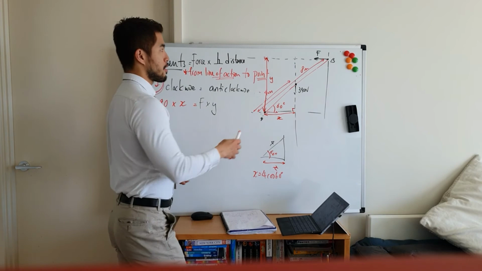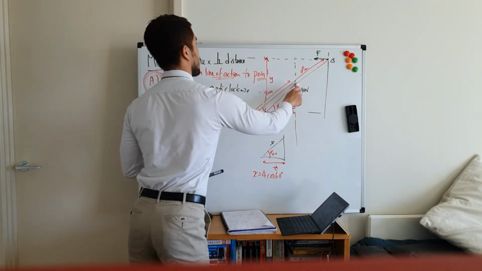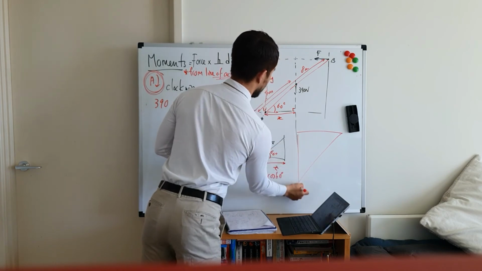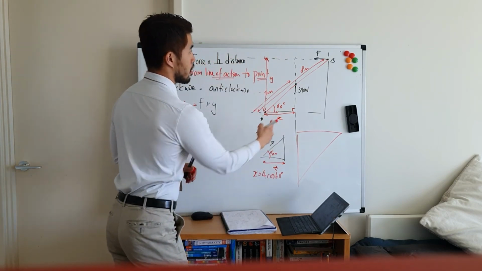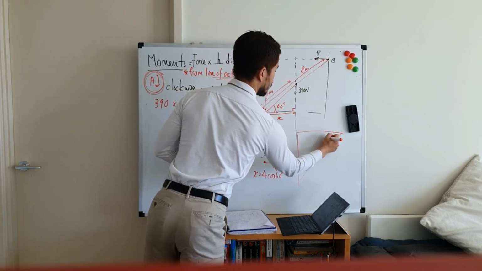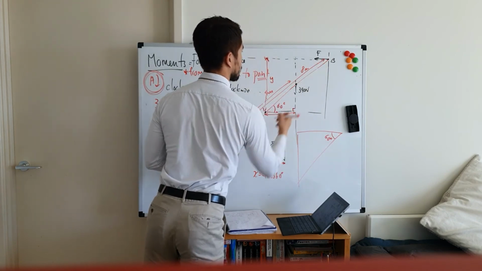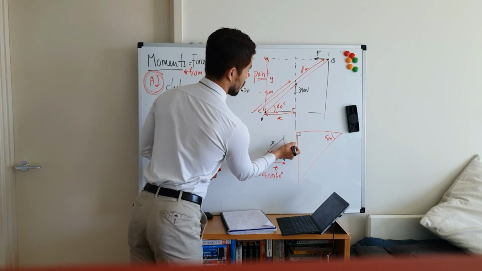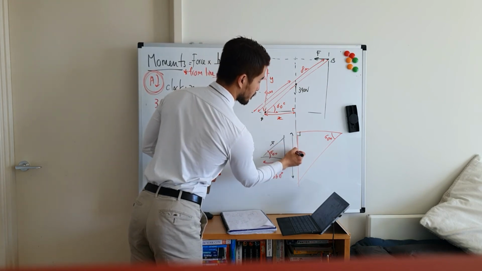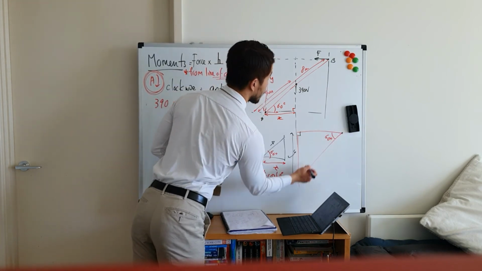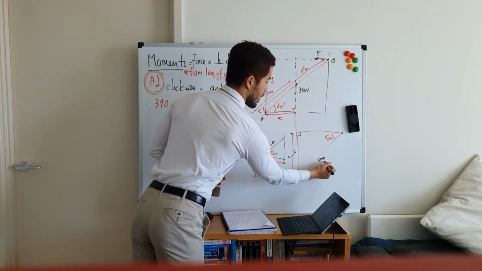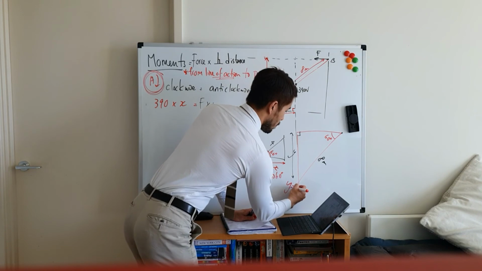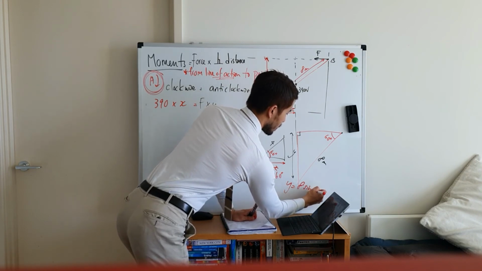Now I'm going to exaggerate this triangle in order for us to find Y. This triangle in here: if this is 60 degrees, this will be 60 degrees as well. This is Y, and this is the ladder. The length of the ladder is 8 meters. SOHCAHTOA, Y will be 8 sin 60 degrees.